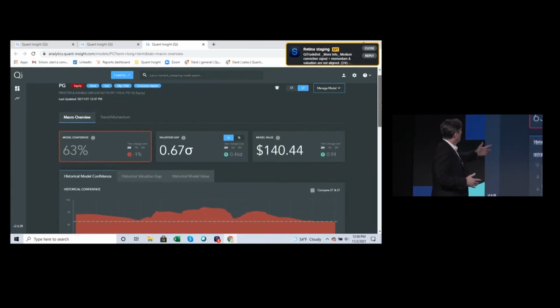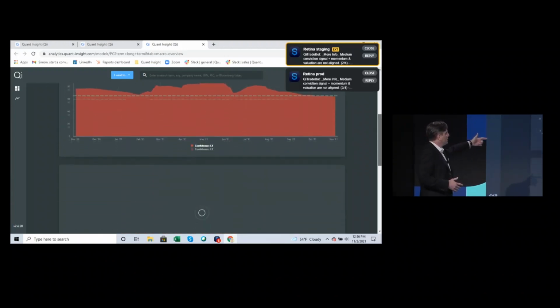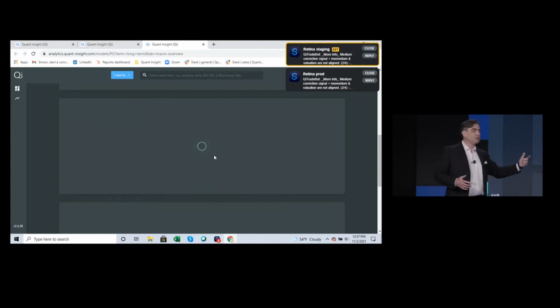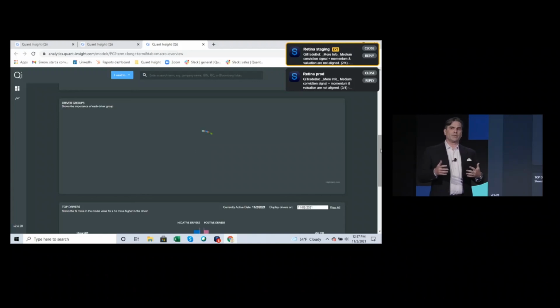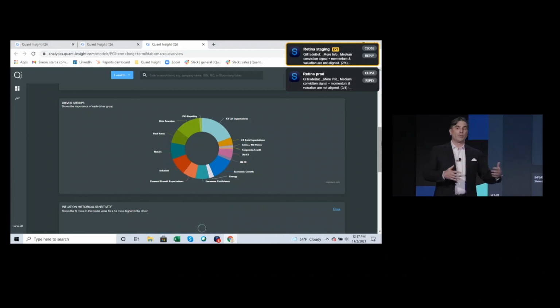In the case of Procter & Gamble, for example, you see how he knew I was going to go there? Procter & Gamble had a sensitivity to inflation that went negative on June the 2nd, or June the 3rd, I think it was. In other words, the market was starting to discount the fact that further inflation is going to be a negative for PG.